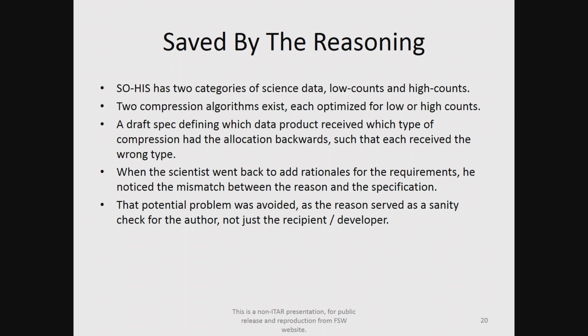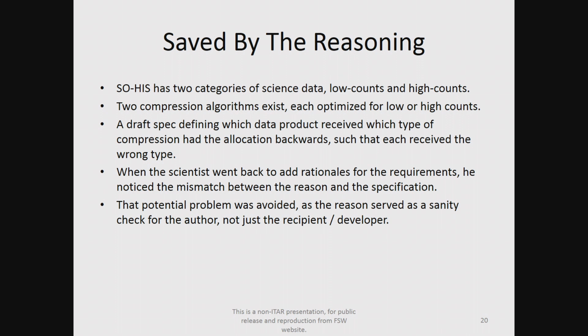Also in HIS, we've got data products that are high total counts and low total counts. To optimize getting that data down, we've got 2 different compression algorithms, one for high counts and one for low counts. In the initial draft of the requirement spec they handed to us, it was reversed: they were specifying the high count compression for the low count product and the low count compression for the high count product.